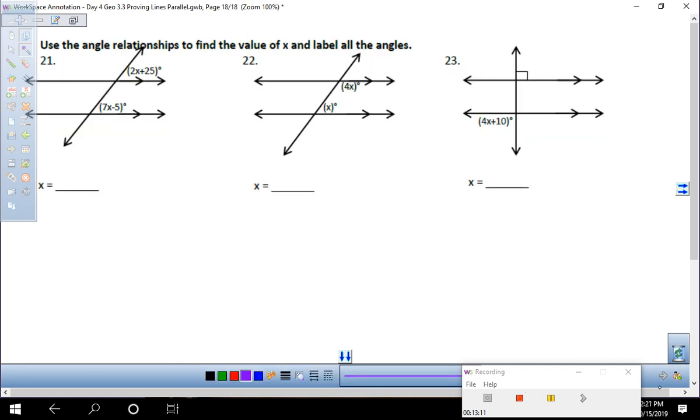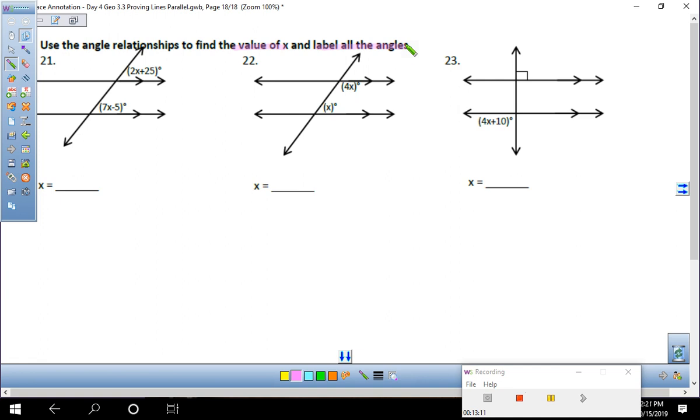Alright, very last thing on this lesson, we've got just a couple problems left. Again, pictures like what we did earlier, where maybe they'll give you corresponding angles, maybe they'll give you consecutive interior, but on these problems they are wanting us to find the value of x and then go back and label all of the angles.